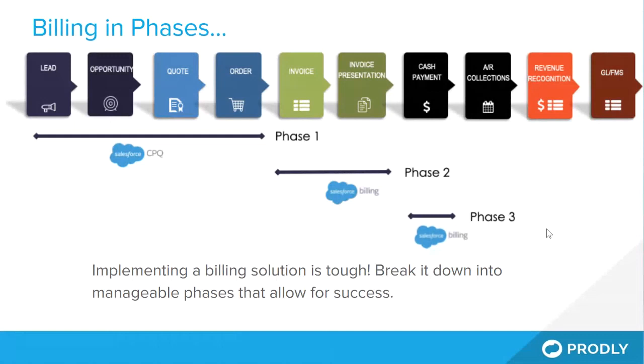From my perspective, before we even had Prodly, because, like you said, it's not as many records sometimes as CPQ, but with billing, there's actually many more lookups between the objects. So not as many records, but a lot more relationships. When you start to look at one record, it might be 5 lookups to other records.